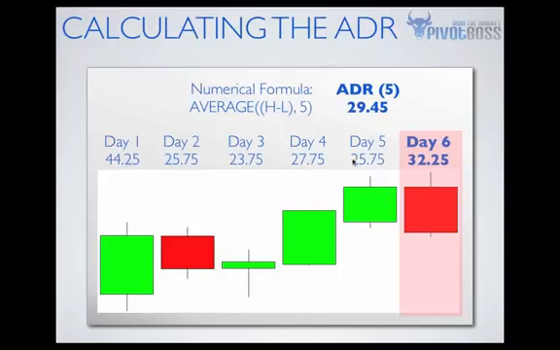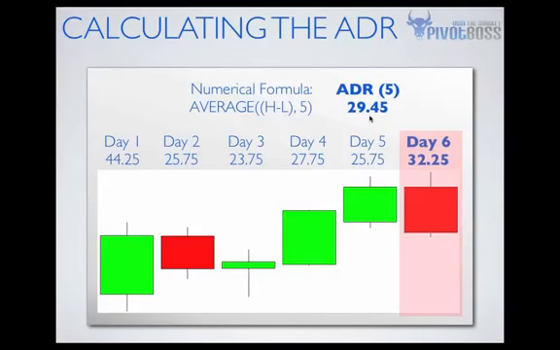When you have 5 days in a row and you take the 5-period ADR, you're basically averaging the 5 days of price range. And when you average the 5-period price range like that, it gives you a value. So after these 5 days, you average them out, it gives you a 5-period ADR of 29.45.